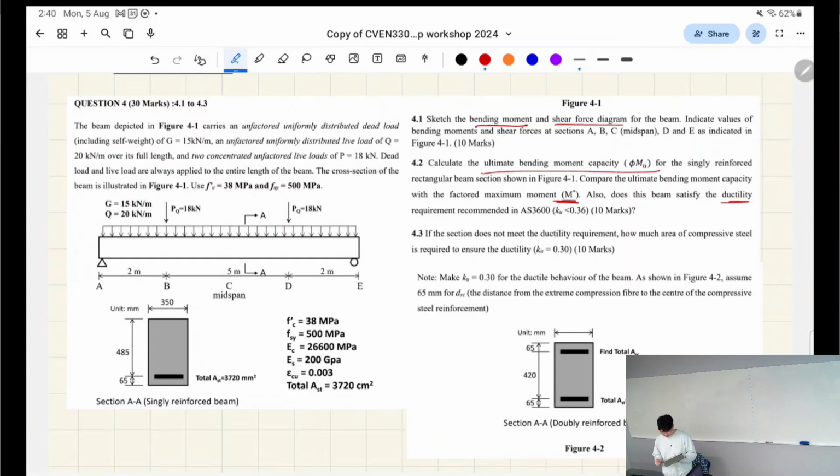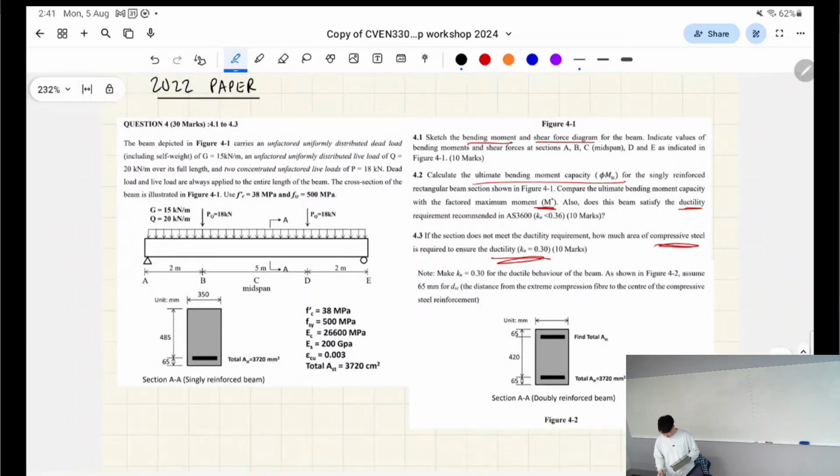If the section doesn't meet ductility, how much compressive steel do we need to add to ensure we have a ductility of this much, 0.3, right? And then here's what it would look like when we add the compressive steel. It tells you where to put the compressive steel in terms of the depth, right? All right, let's do this.